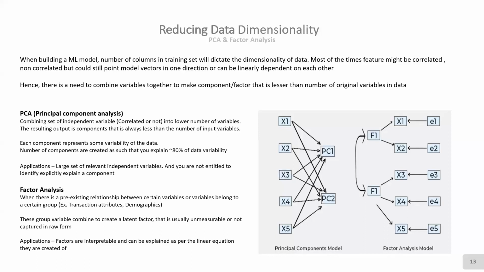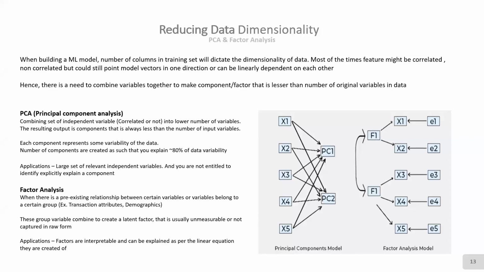That factor represents the output of a linear equation of these variables. So if you have, let's say, 4 or 5 transaction attributes in your data, you can combine them together using the factor analysis model, and it will give you a single output factor that represents a linear output of those combinations.